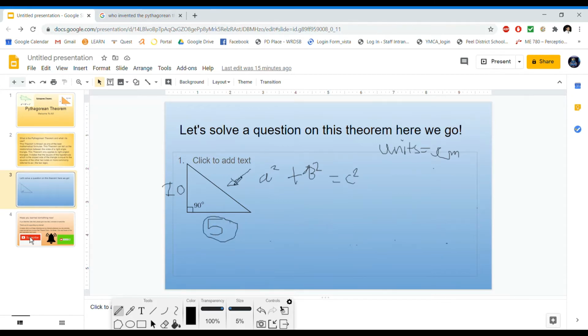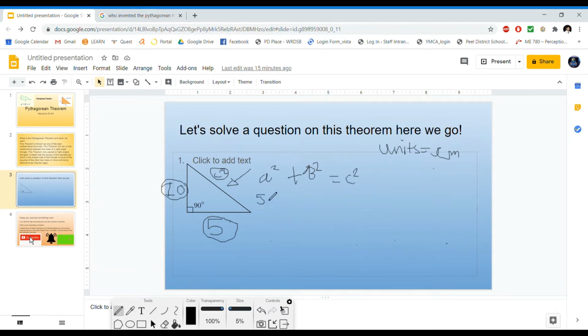Let's just say it's a squared for now, and this 10 is b squared. And c squared is the hypotenuse, which is the side we want to find out. So now let's plug it in. We can write 5.